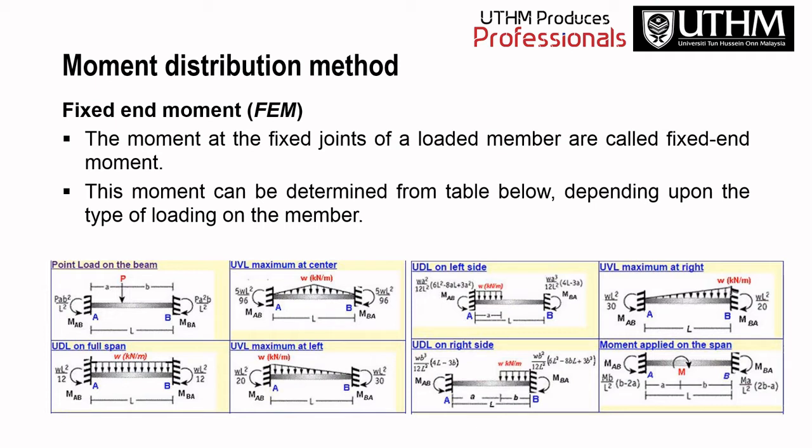So if you have a point load, then your fixed end moment will be this value using this formula, and this is for UVL, this is for UDL, this is for UVL, and also this is moment applied on span, UDL on the right, UVL maximum at the left, and UDL on full span. So you can calculate. Normally we will use quite a lot of UDL and also point load, but it also depends on the case you need to do.